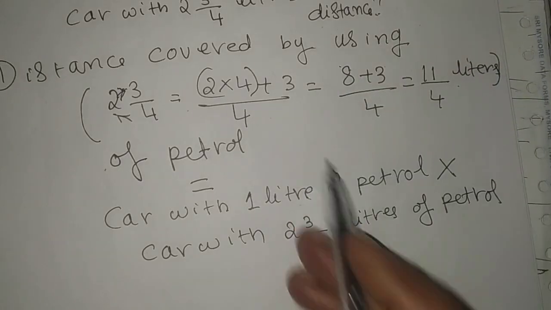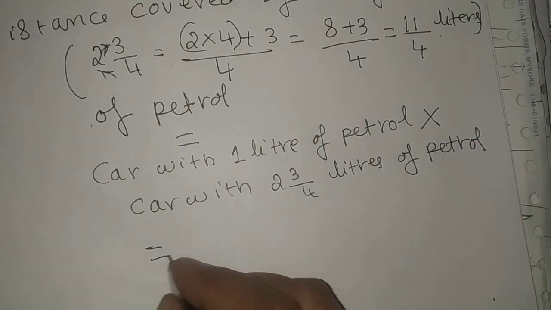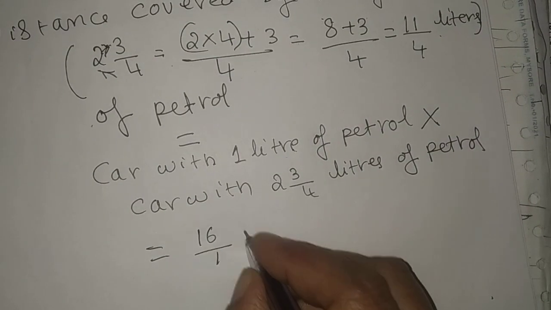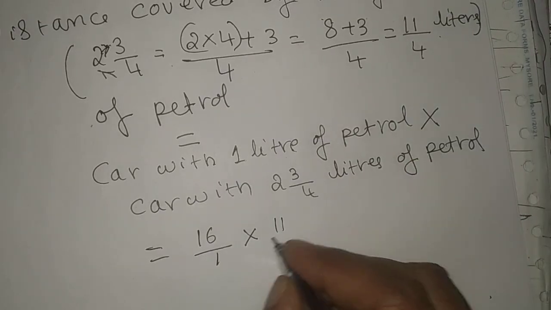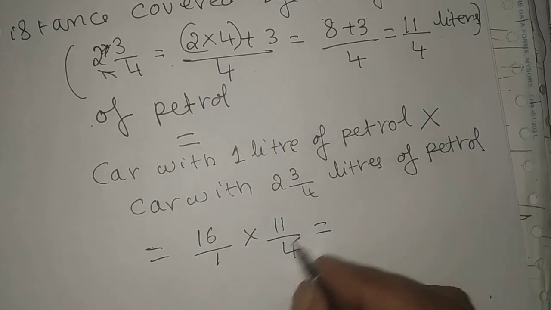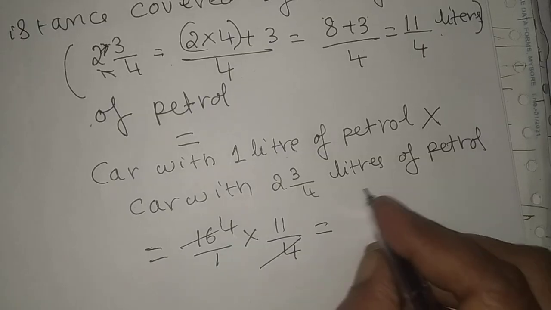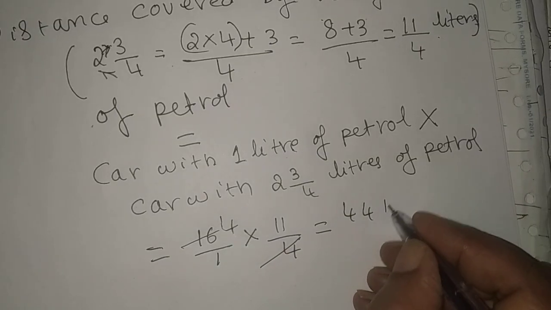So multiply these two. So it is equal to 16 into 11/4, which is equal to 4 fours are 16, so 4 into 11 is equal to 44 kilometers.